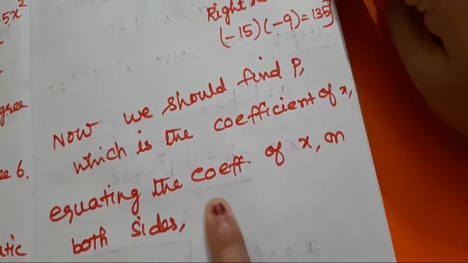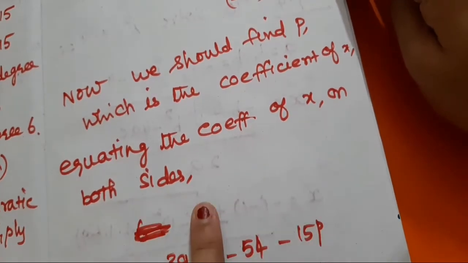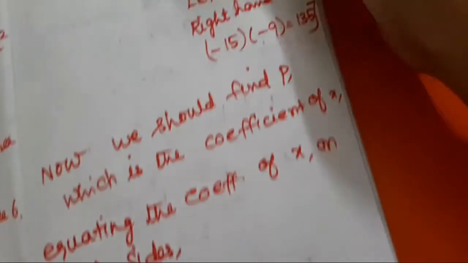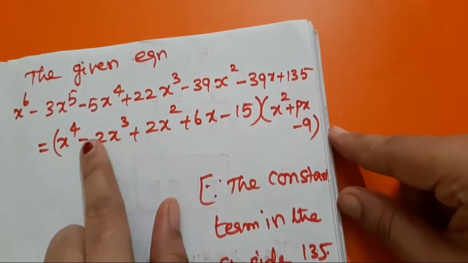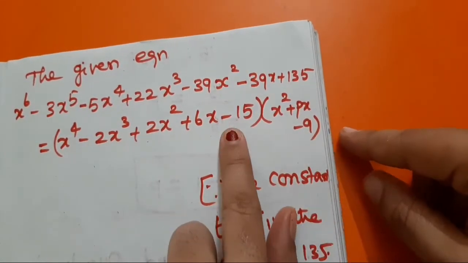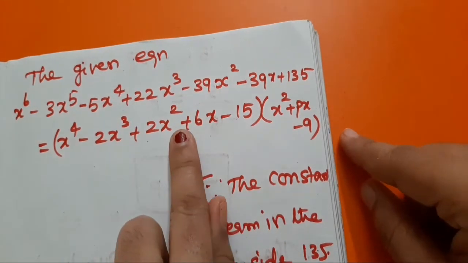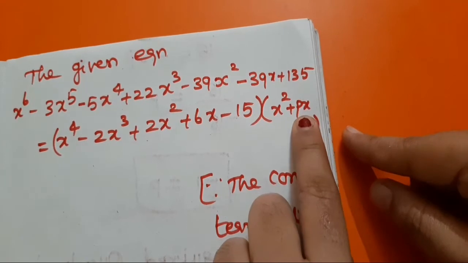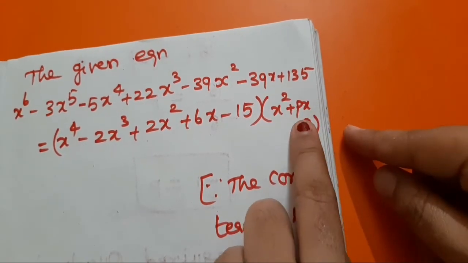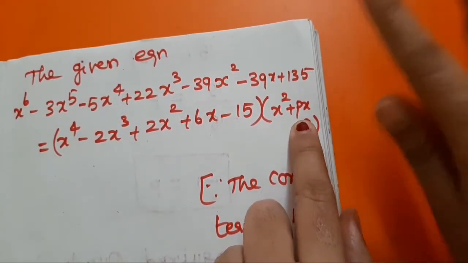So now equating the coefficient of x on both left hand side and right hand side, I am going to equate only the x coefficient. Why? Because I want to find out p, which is the x coefficient of this equation.